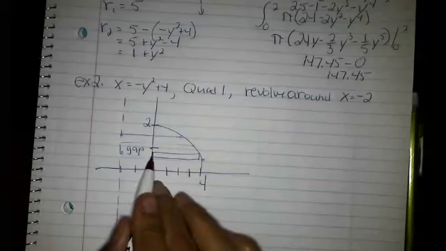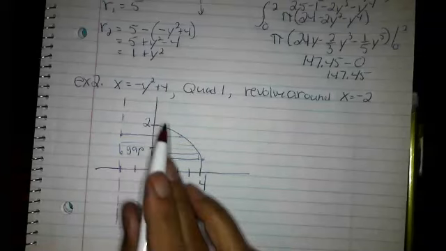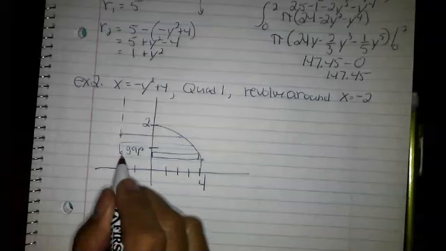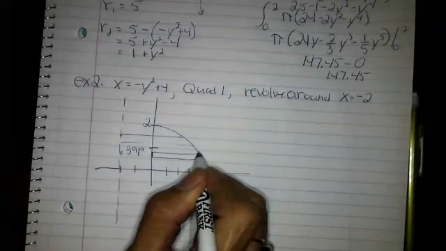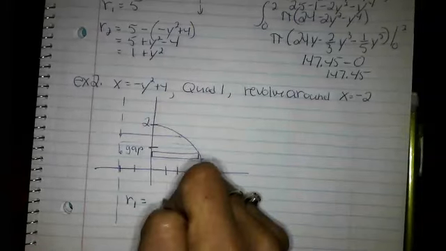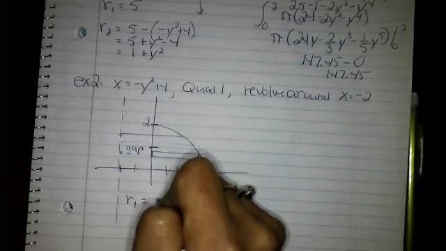So the over part is my x value, and that's determined by the function. So the part from the y-axis over is the function, but I still have this extra distance here. So I have to add 2 and then the function. So R1 is the function plus this distance of 2.